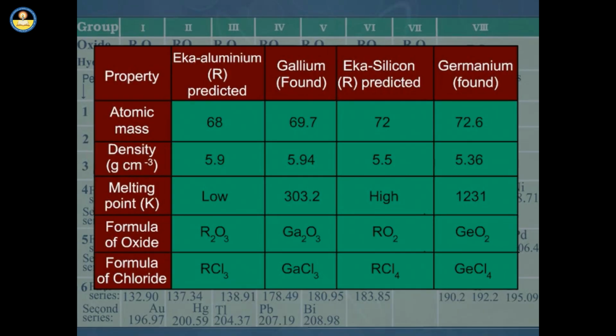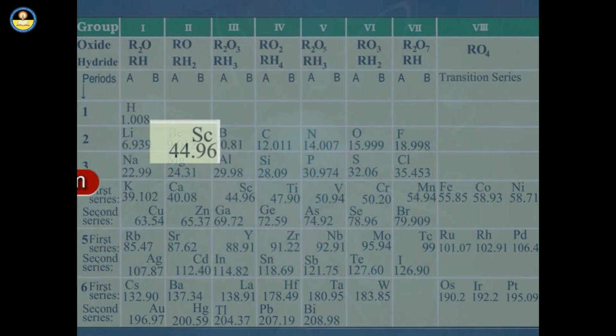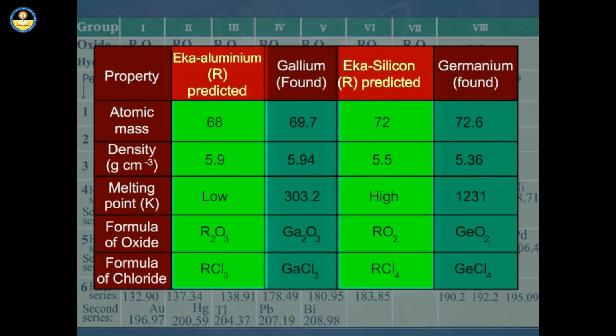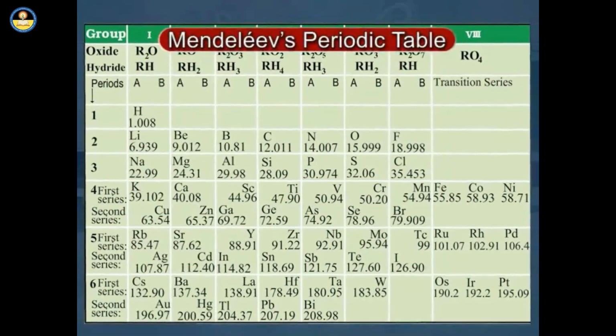Have a look at the properties of atomic mass, density, melting point, formula of oxide and formula of chloride of eka aluminium, gallium, eka silicon as predicted and germanium, as shown on screen. Similarly, the properties of scandium were found to be similar to those of boron. Predictions provided convincing evidence for both the correctness and usefulness of Mendeleev's periodic table.